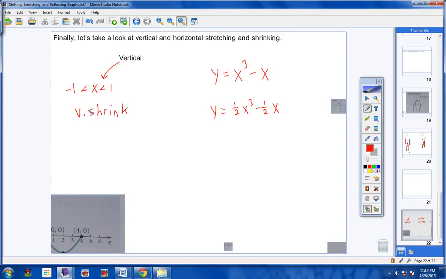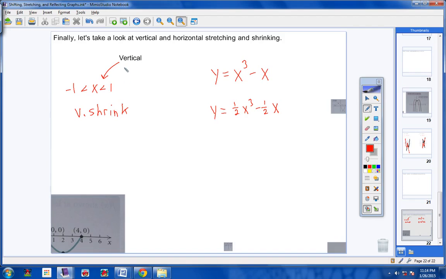So please make note of this. Get very good notes and learn this. If you take good notes, write it down, memorize it, you'll be okay. I'm giving you everything you need to know here. You've just got to learn it. When it comes to horizontal stretches and shrinks, if the number's greater than -1 and less than 1, it's a horizontal stretch.